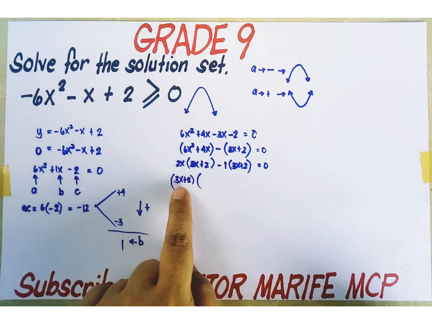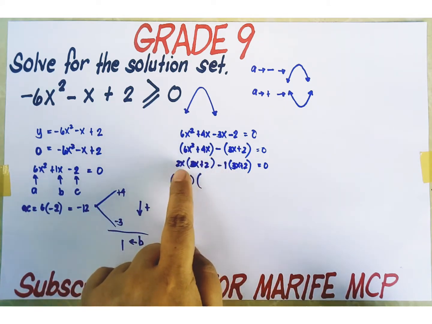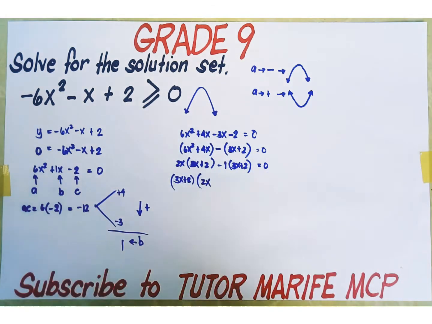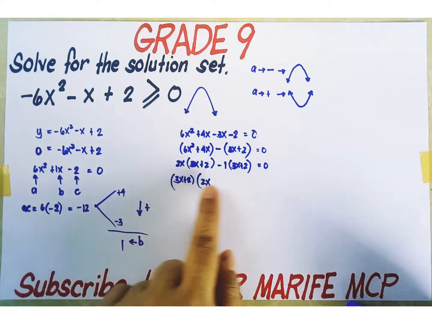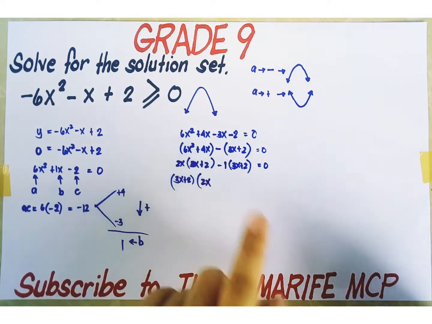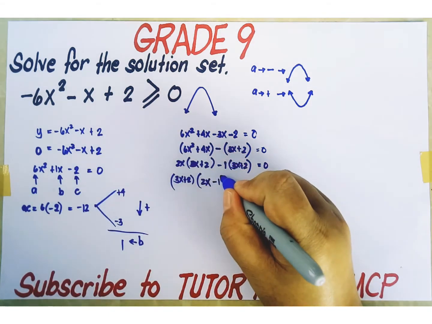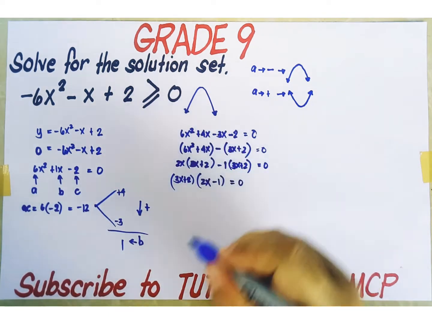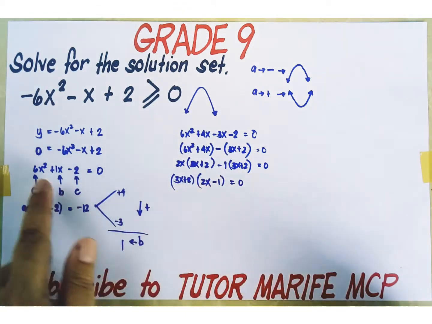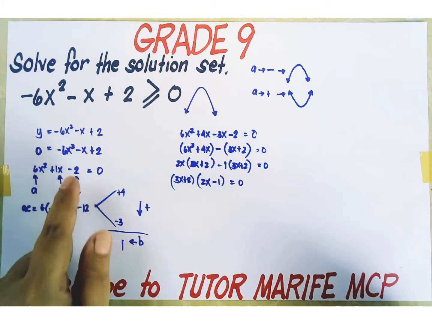If you divide this by 3x plus 2, this will be cancelled. Left over will be 2x. If you divide this by 3x plus 2, this will be cancelled. Left over will be negative 1. And this is equal to 0. This is the factored form of 6x squared plus x minus 2.